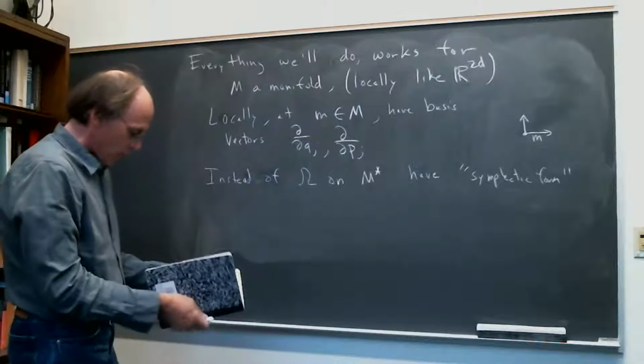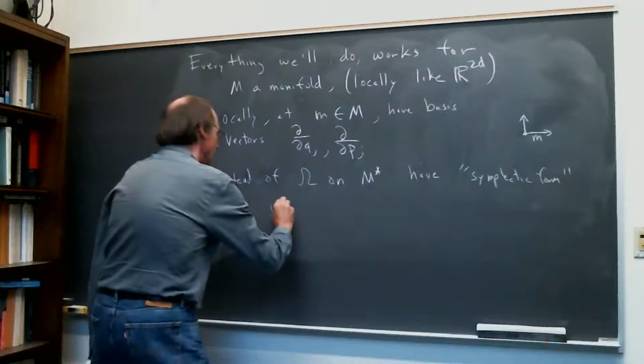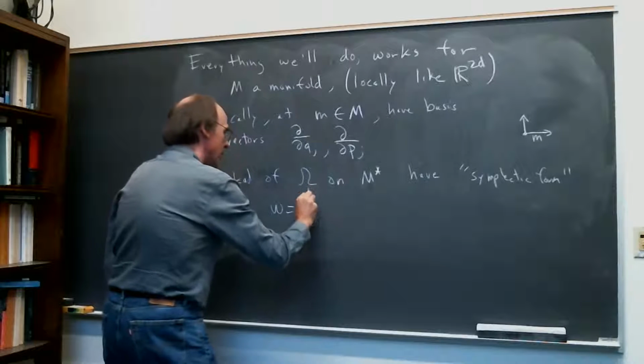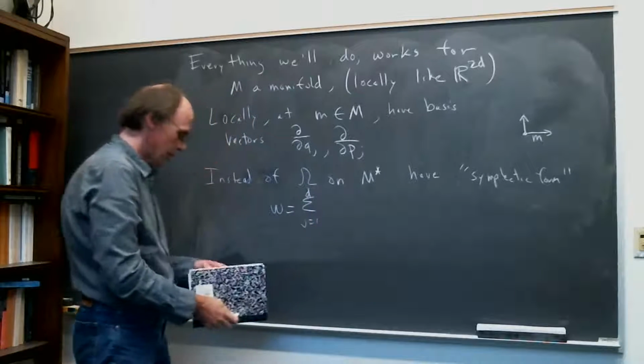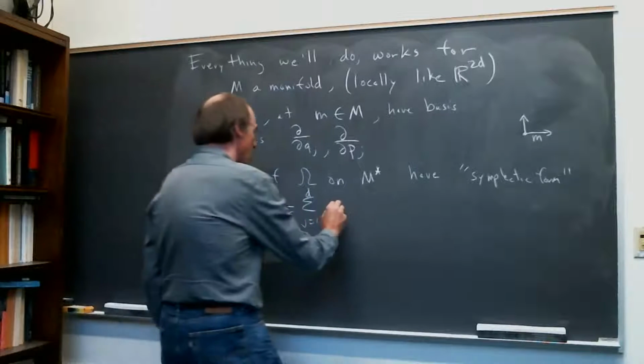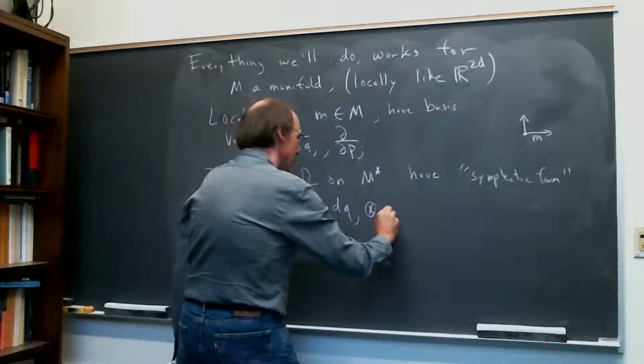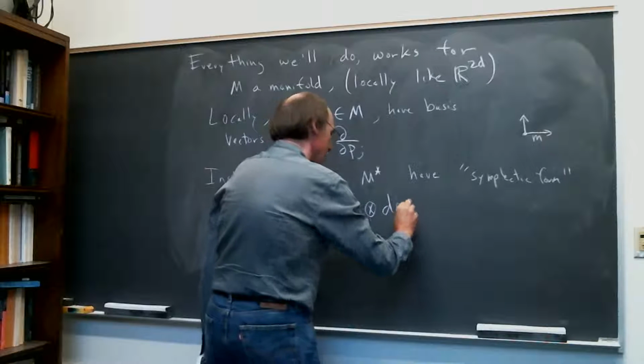One way of writing it is dp_i, dq_j, tensor e.